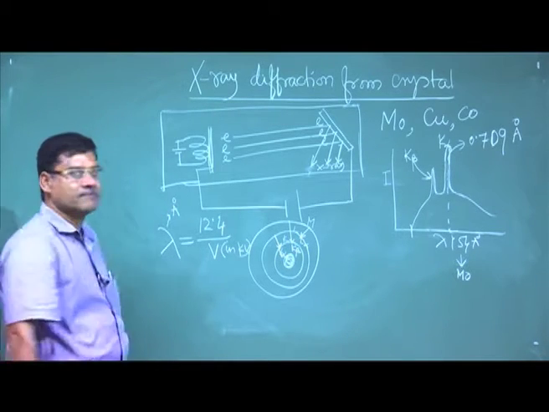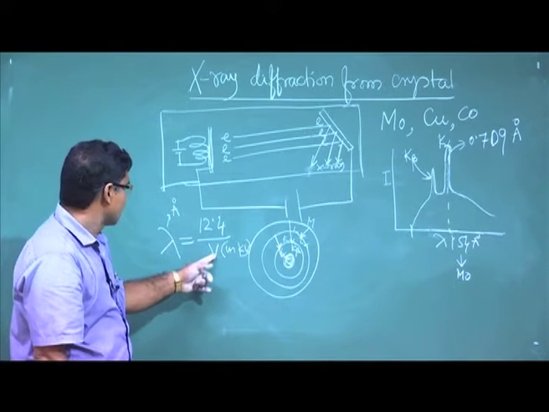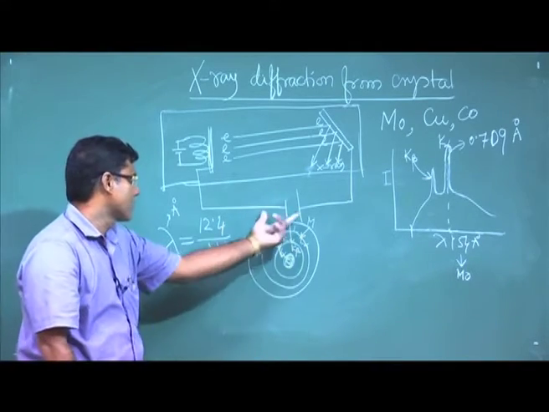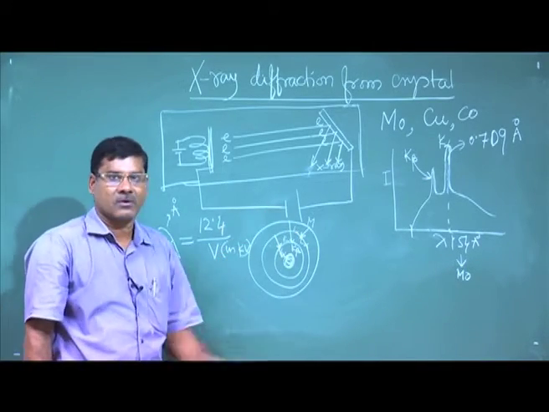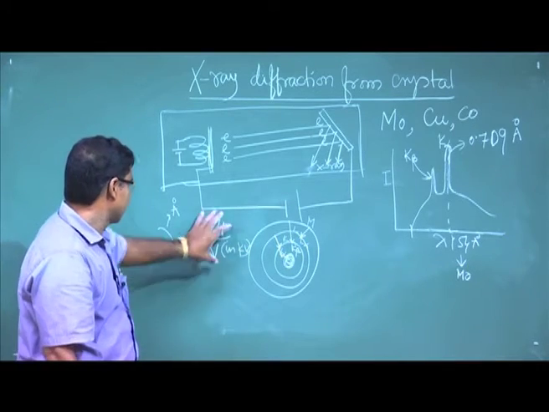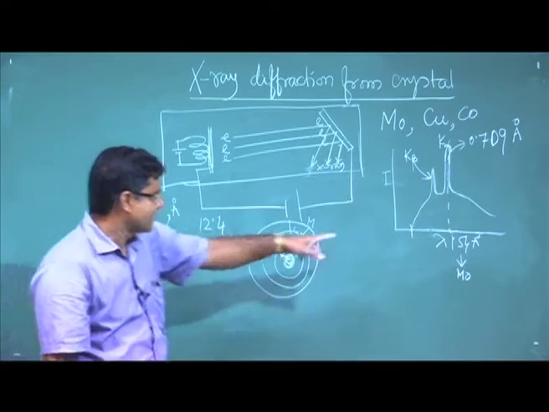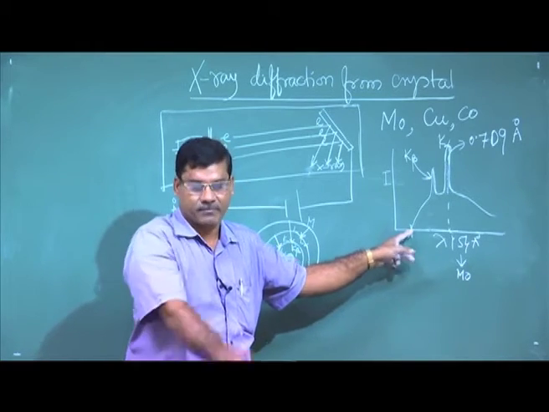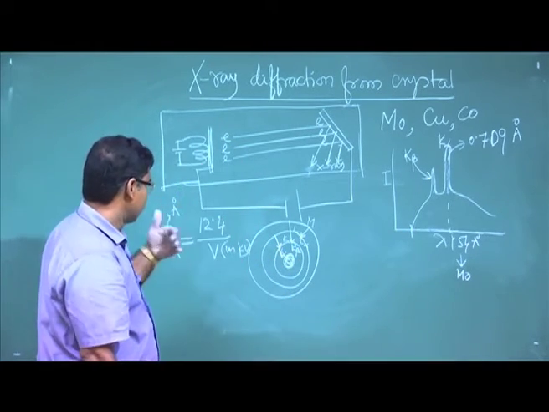So if we use 12.4 kilovolt, then the minimum wavelength you will get is 1 angstrom.